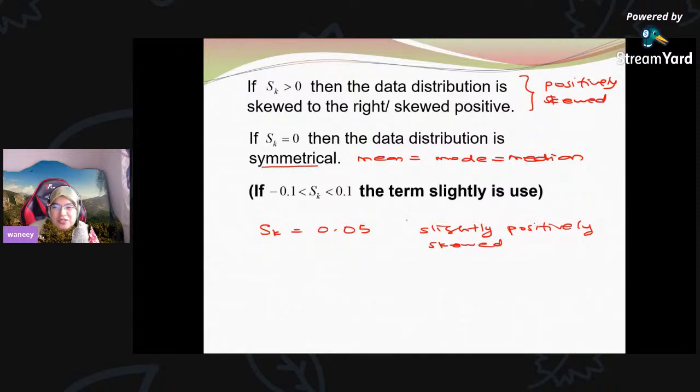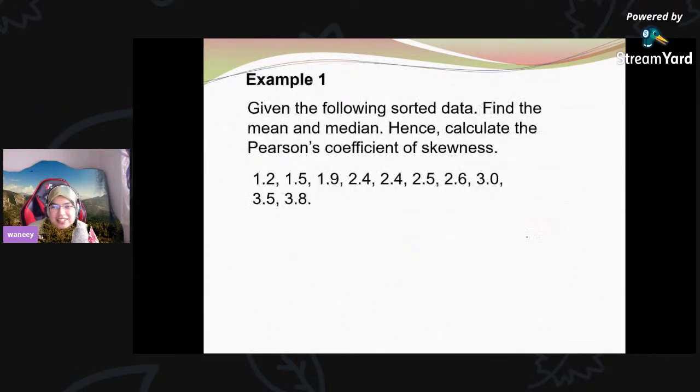So you must use the word slightly. The same thing with negative 0.05, slightly negatively skewed.